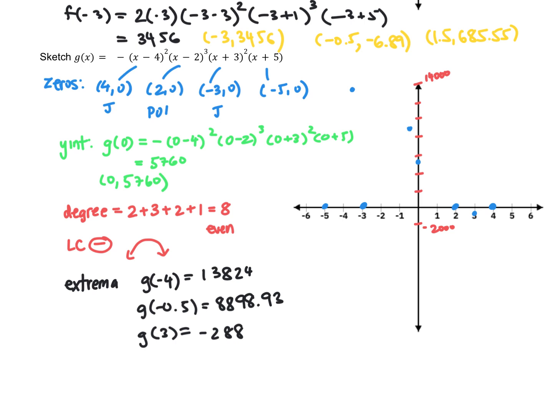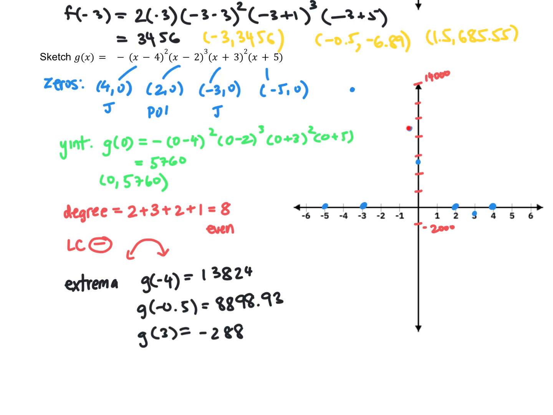I'm going to refresh on my end behaviors here. So I need to start and end in the negatives, which means I'm going to come down from here. I'm going to go through -5 to reach this, looks like an absolute maximum. And then I'm going to come back down at -3. And we have to remember, -3 was a jump, so I'm going to jump off.